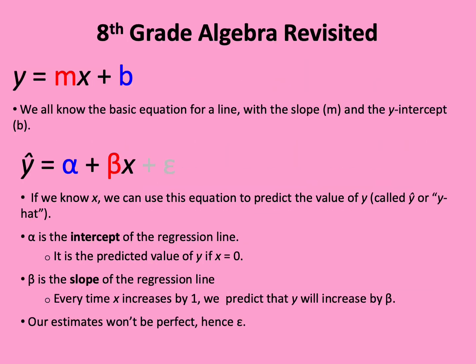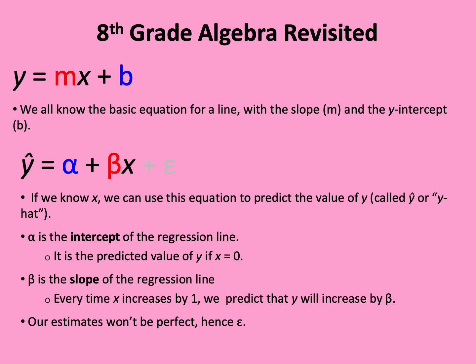Most of you remember sometime in middle school when you were first introduced to algebra, learning about the basic equation for a line, right? The basic equation for a line is y equals mx plus b.